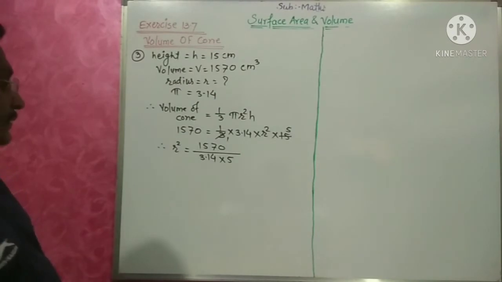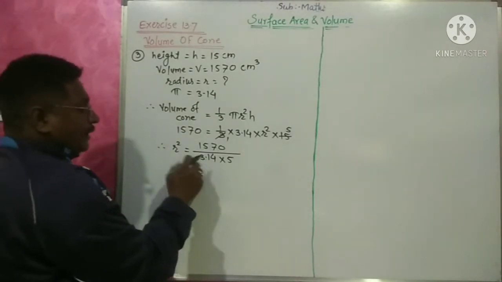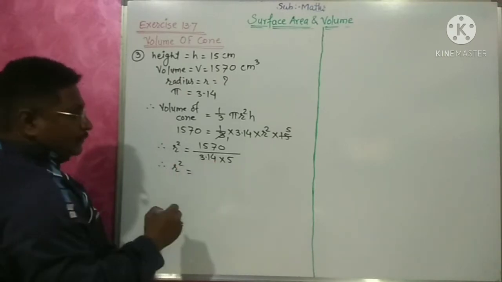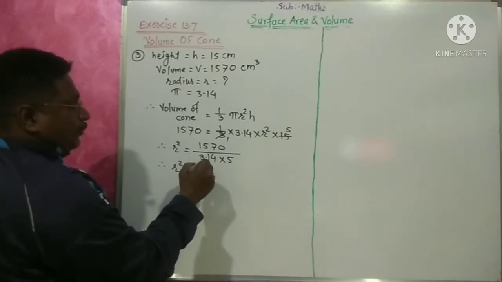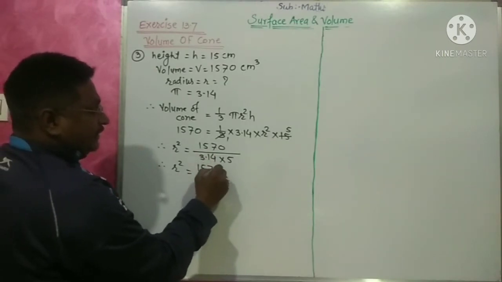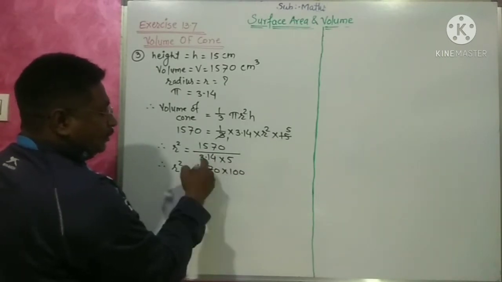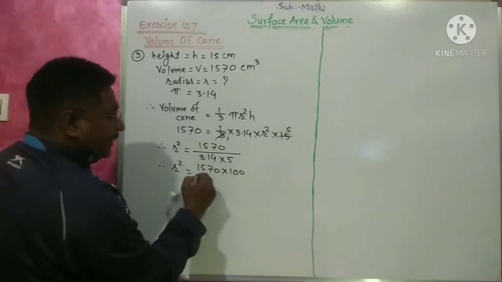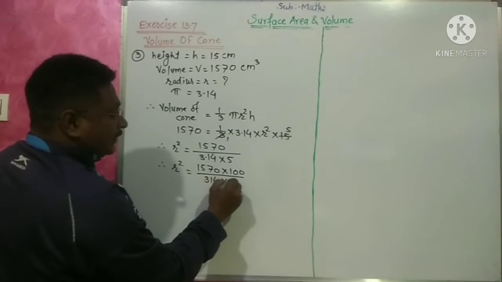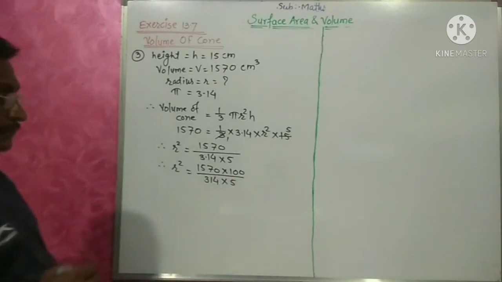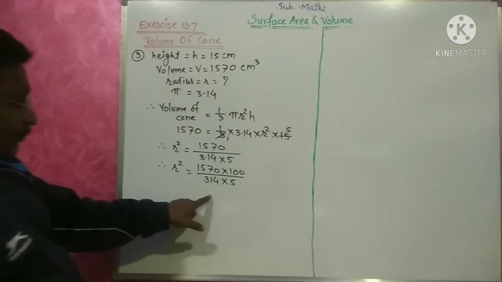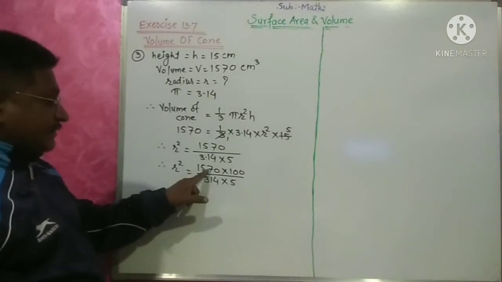Okay students. Now here remove the decimal point. For removing the decimal point, 1570 into 100. Two decimals are there, so multiply by 100. So now 314 into 5. Now divide 1570 by 314.